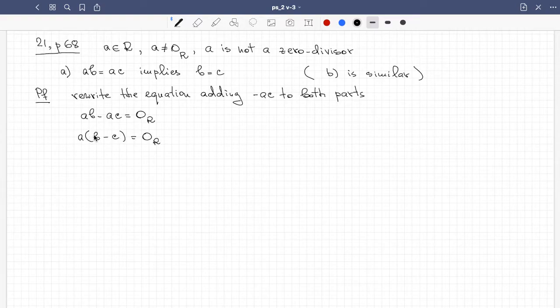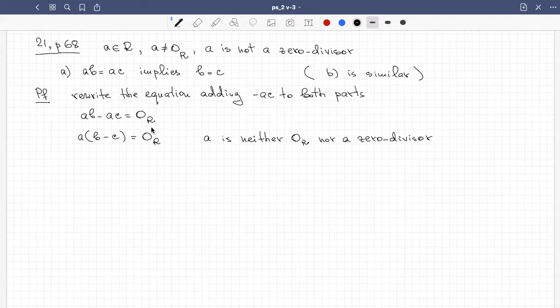A is neither 0 nor a zero divisor, meaning multiplying A from the right or left, in this case from the right, by any non-zero element of the ring, we will not produce a zero.